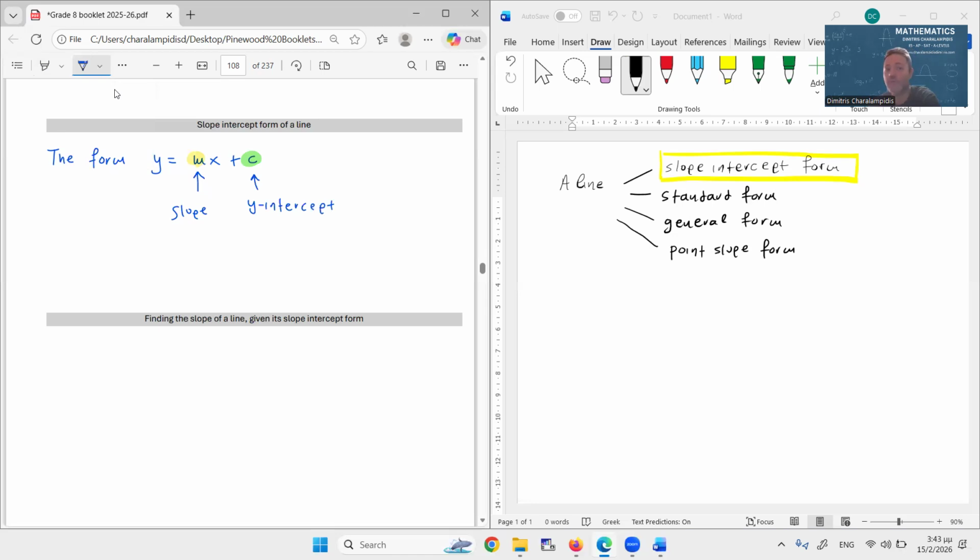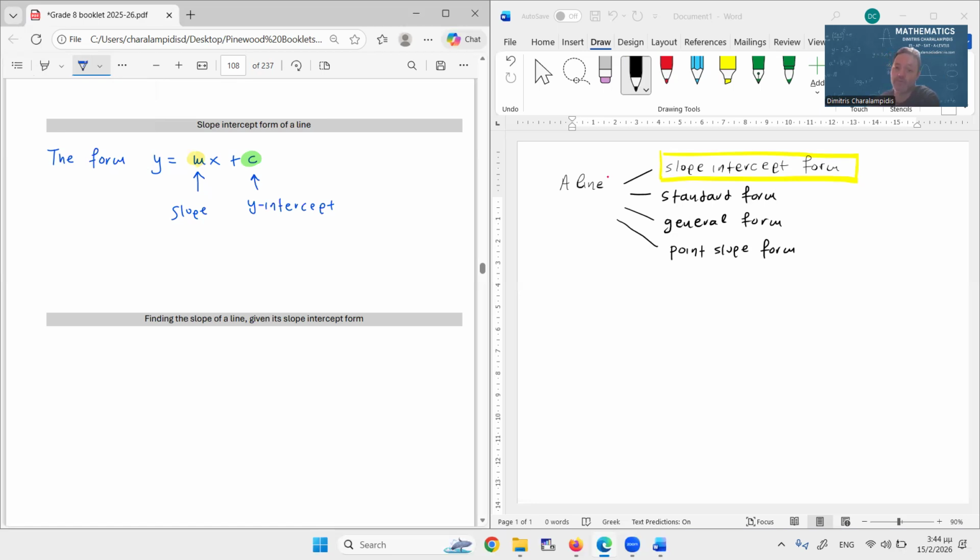So this means that the coefficient of x shows the line's slope, or in simple words, the line's direction, while the c, the constant number at the back, shows the line's y-intercept, which is the point where the graph of a line intersects with the y-axis.